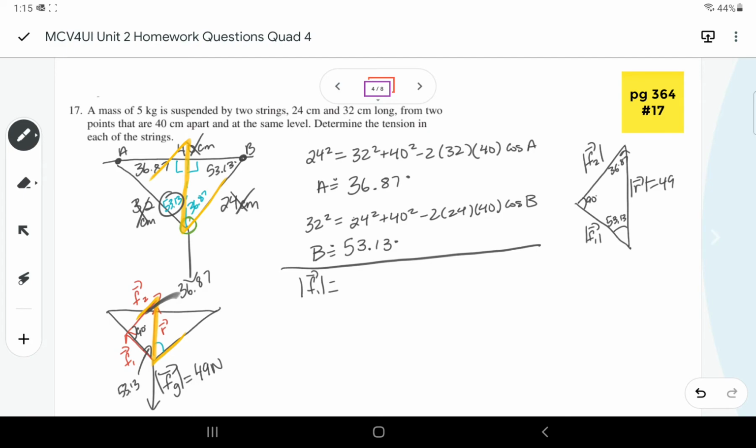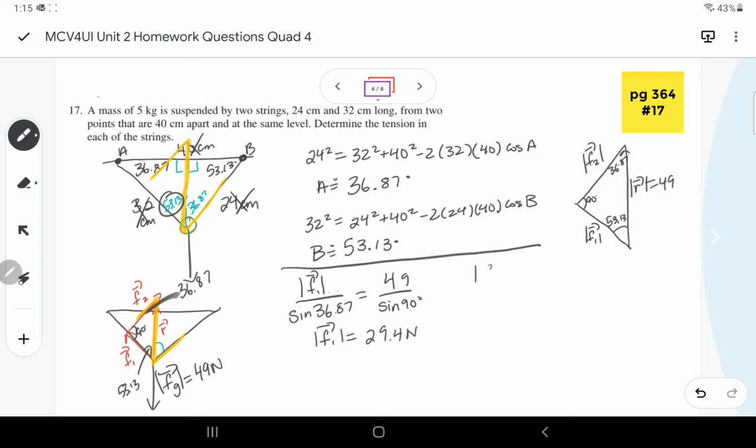So magnitude of F1 over sine of 36.87 is 49 over sine 90. And the magnitude of F1 is going to be 29.4 newtons.